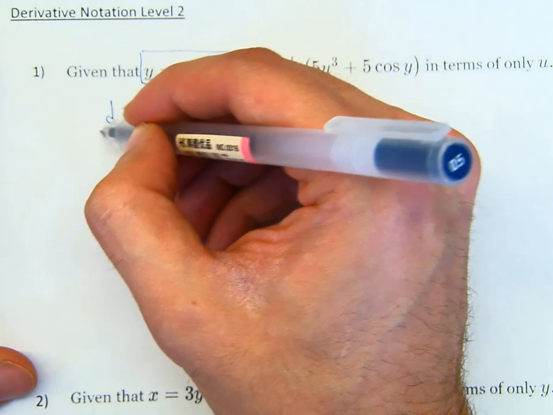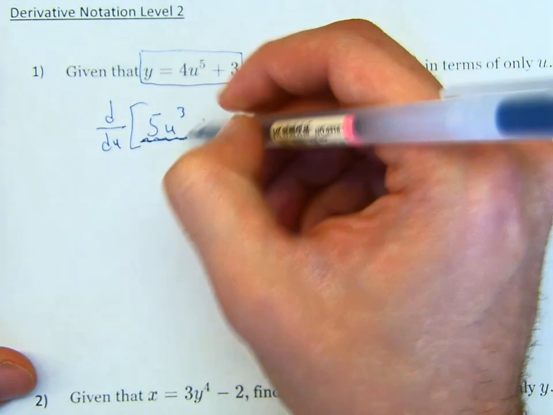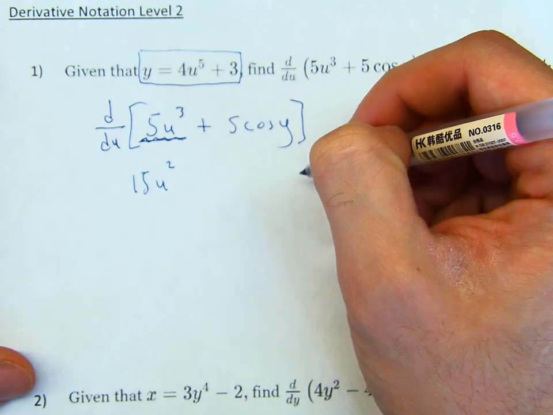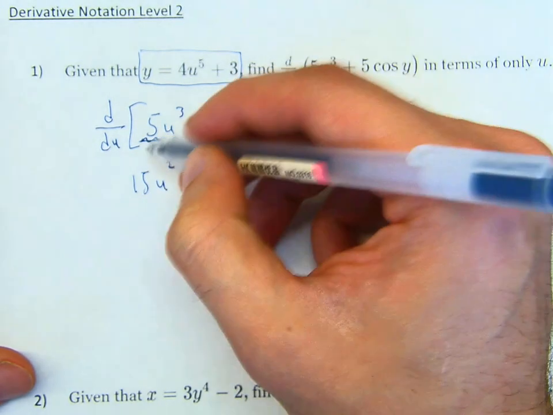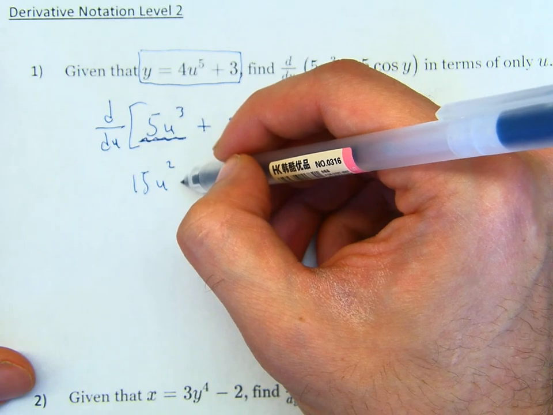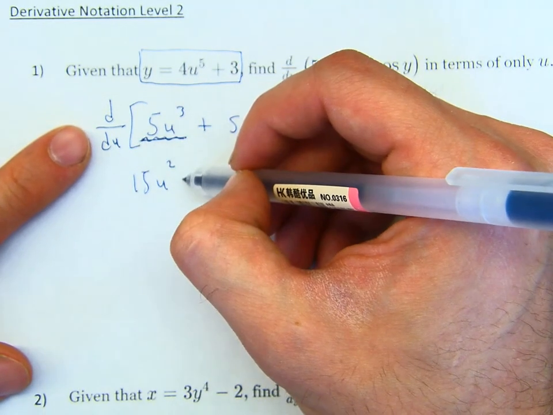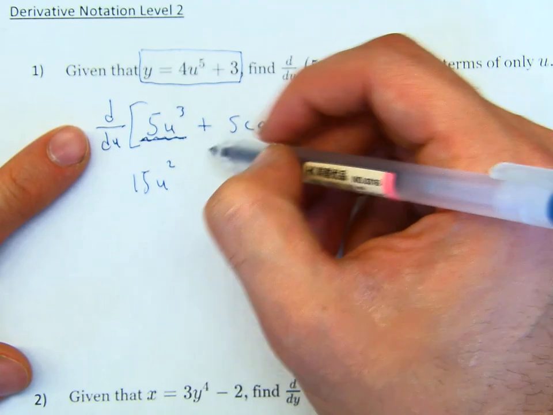Okay, so d du of this will be 15u squared times, now we're okay over here, right? Because these two match. So there is that invisible times 1. But then what about here?